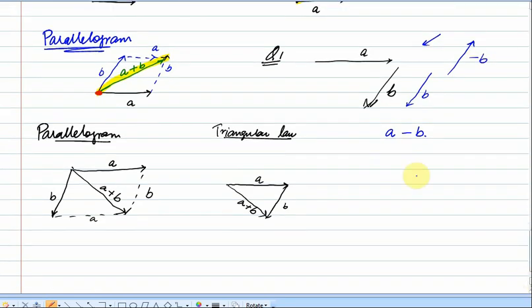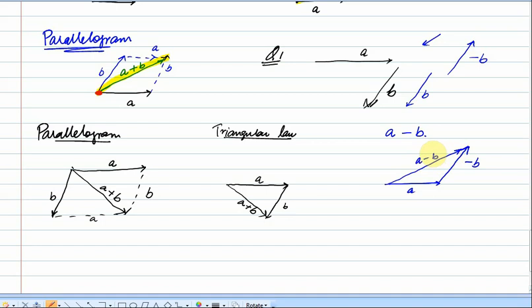Now the solution: A remains the same, it is positive A. Since we need to find A minus B, I won't plot this B, I will plot this one because it's a negative B. So that is negative B, and the resultant is this one, it's A minus B. That's how you find the negative resultant, just by reversing the direction of the vector.